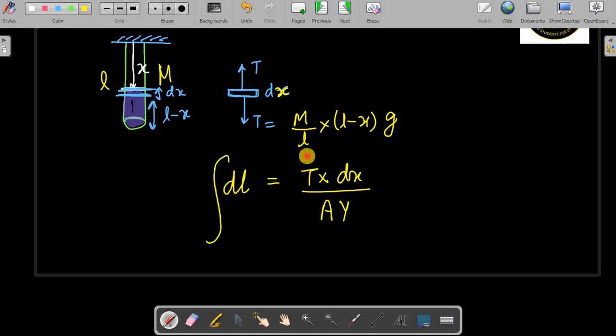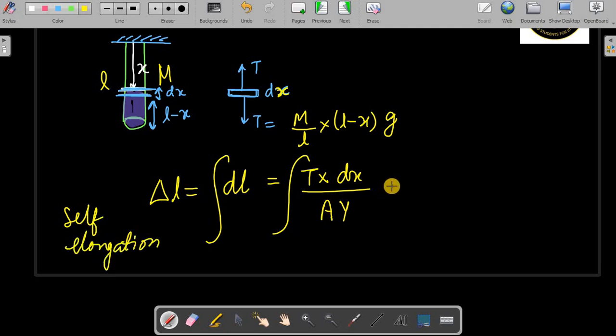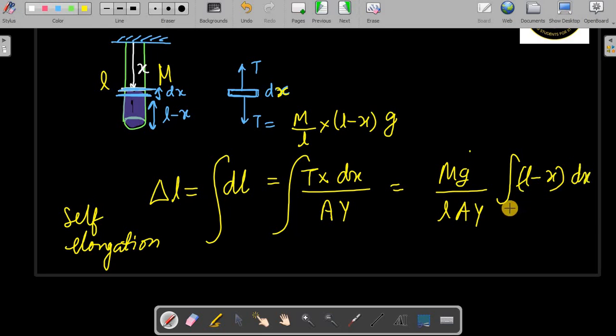Now we can integrate it to get the total elongation required. That is known as self-elongation. Okay, so if you do that, mg by LAY will come out because tension will be mg by L, and we have to integrate L minus x dx, where x is going from 0 to L.